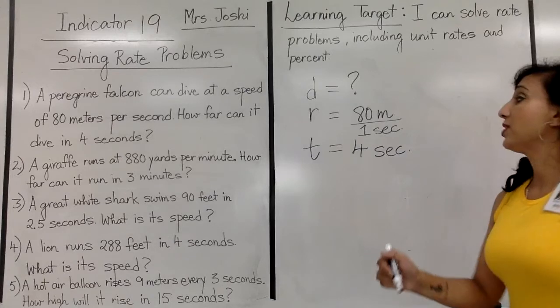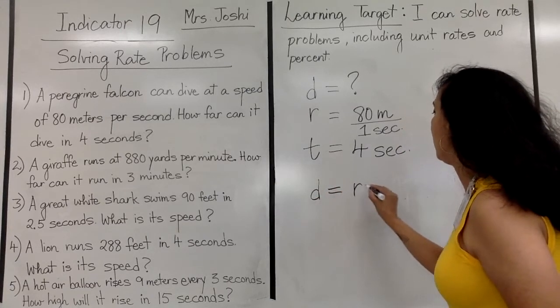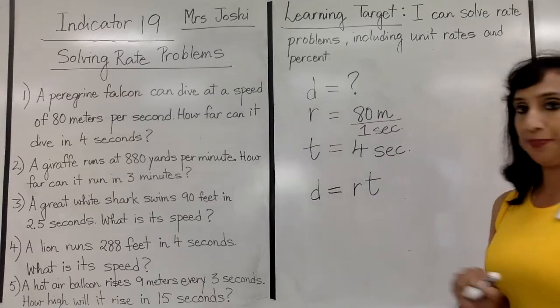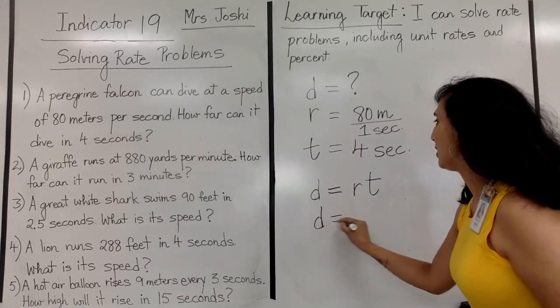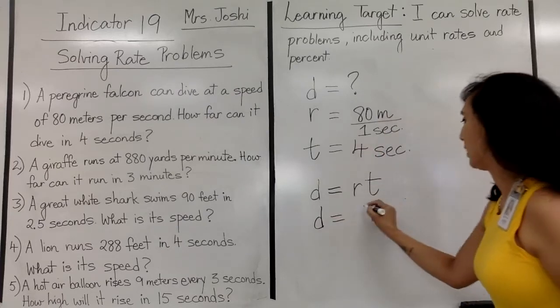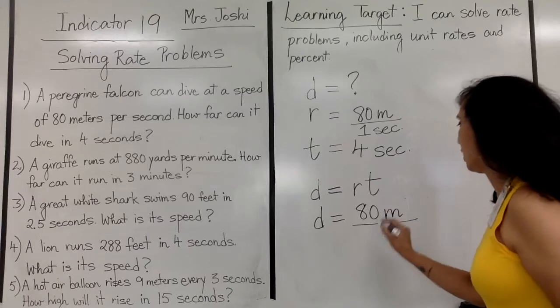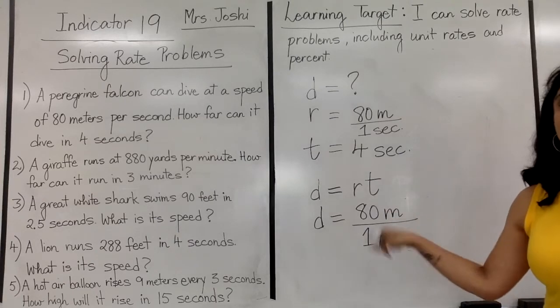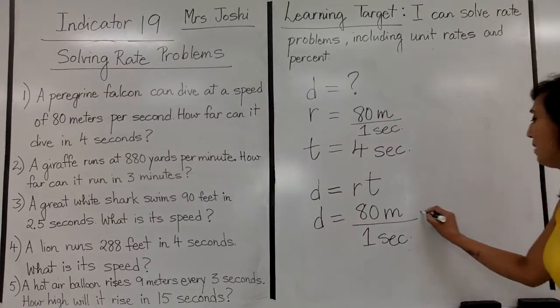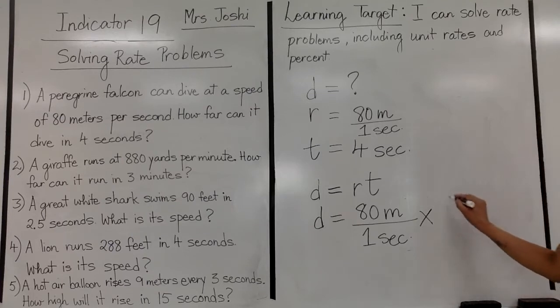We know that distance is equal to speed times time, and we don't know what the distance is. So distance is equal to my speed, 80 meters per second, times the time, which is 4 seconds.